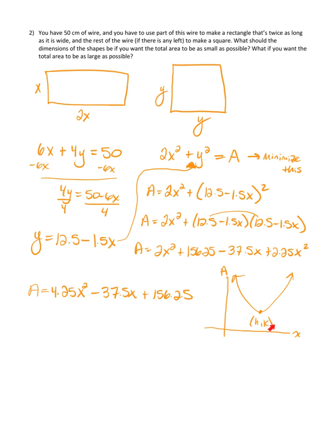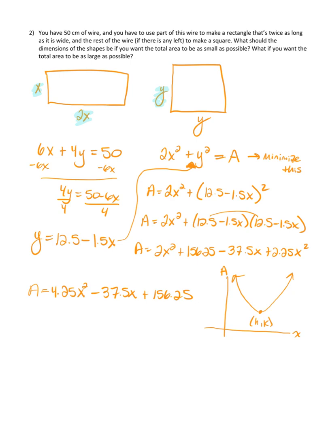They didn't ask me what the smallest possible area is. They just said what dimensions should the shapes have. So really, I'm looking for the lengths x, 2x, and y. That's the answer to the question. So maybe I'll highlight those to remind us. We need to find these dimensions, and that will answer the question.